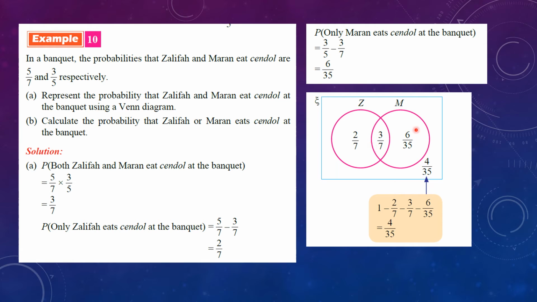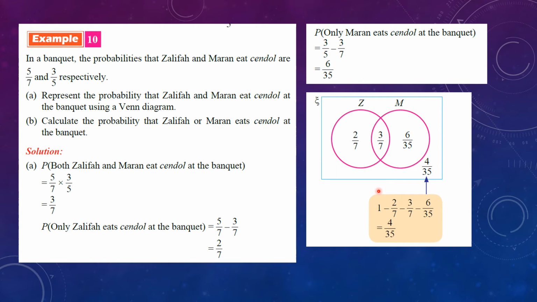And 6 over 35 is only Maran eating cendol. So when you add 2/7, 3/7 and 6/35, you will get 31/35.